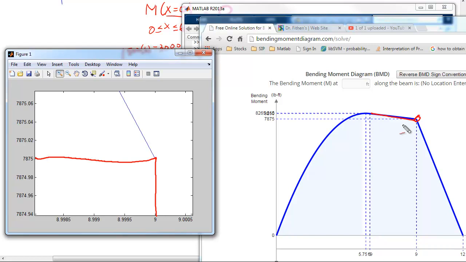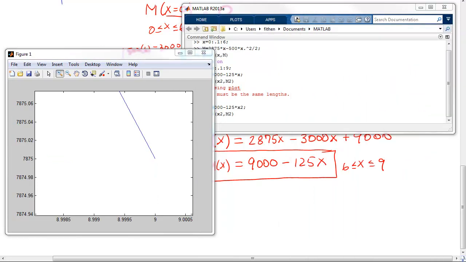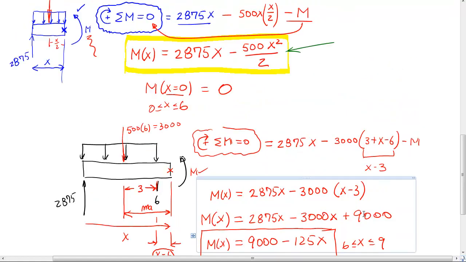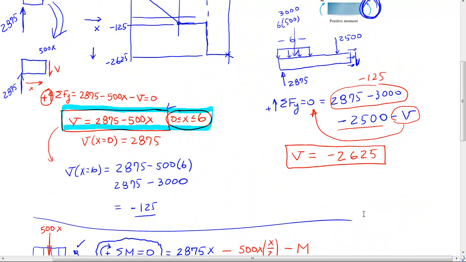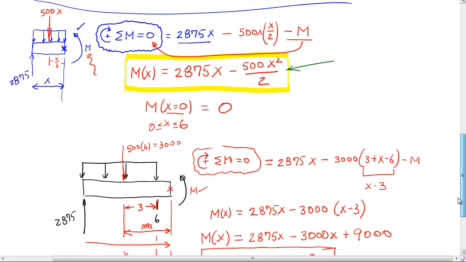Now, let's discuss this linearity here. Okay, first thing you notice is it was quadratic in one region, linear in another. Let's look at the shear during that region. Look at this. Interesting. The shear in this region is flat or constant.